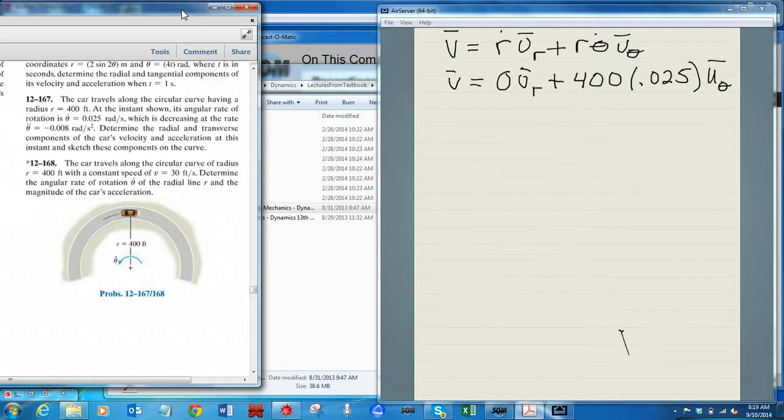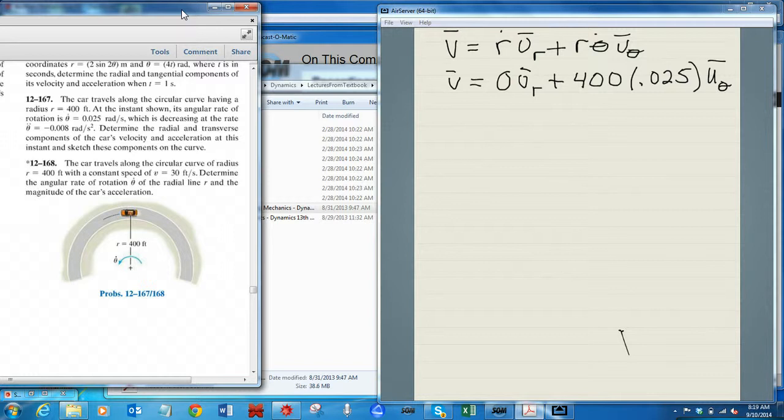Yeah, 400 times 0.025. Math is a tool. It shouldn't be torture. Whatever tool you need, you can probably do it in your head, right? Let's see, 4 times 2,500, 10. Whatever you need.